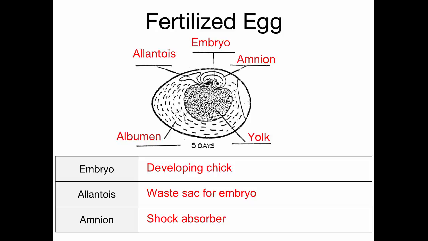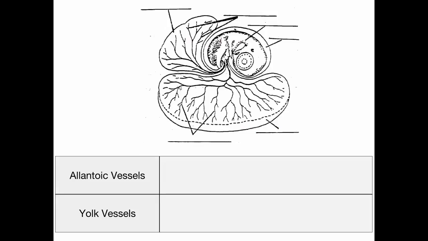The embryo is still pretty small and the yolk is pretty big. But as time goes on, the embryo grows larger and the yolk starts to get used up. If we look at this diagram, it isn't showing the whole egg, just the embryo and the other attached membranes.